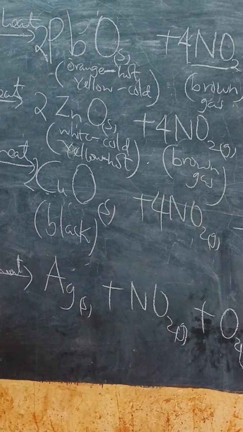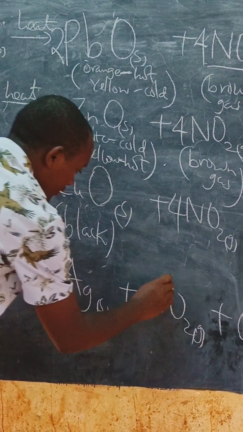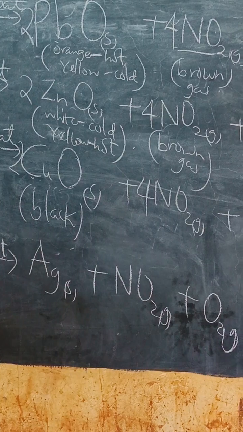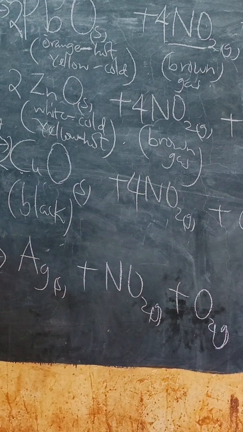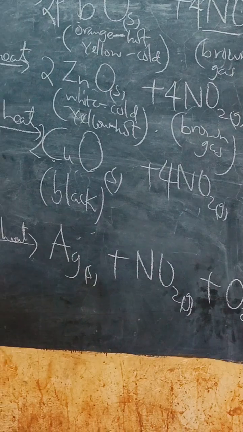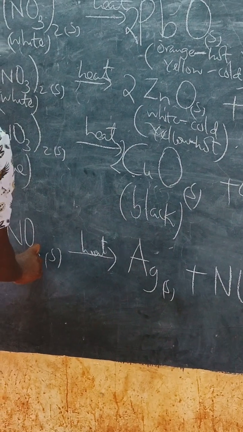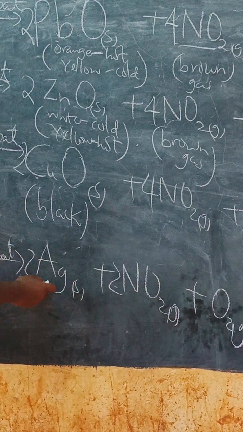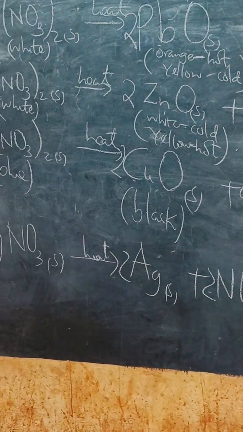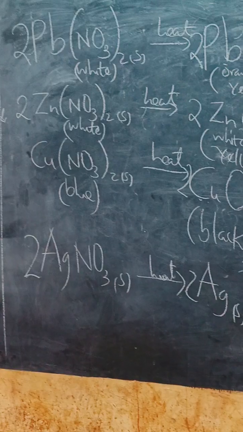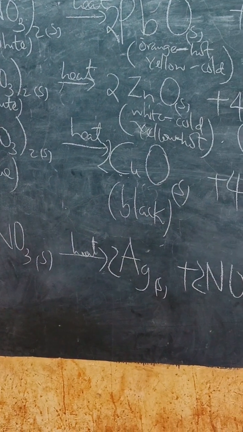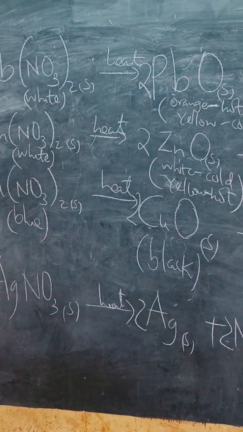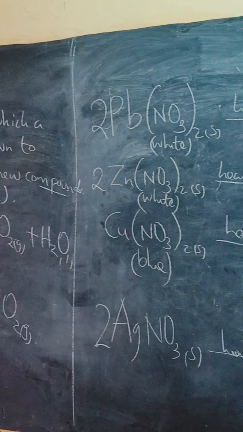So when you balance, I will put a 2 here, oxygen is 6, and a 2 there, 4, 5, 6, and I will put a 2 here to balance the silver. So this is an example of a decomposition reaction. Heat is required for it to take place.